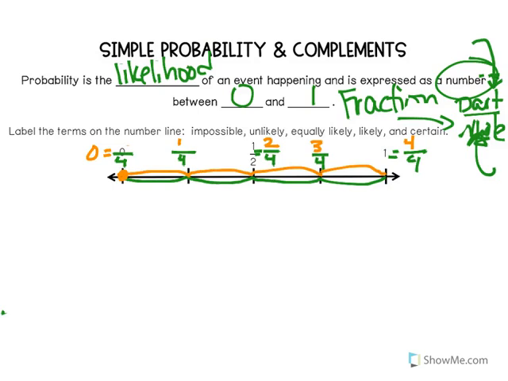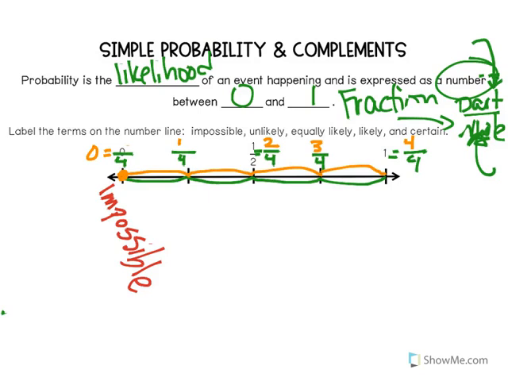Now, if something has 0% chance of happening, that means it is impossible. It's never going to happen. There is no chance. So when the weatherman says 0% chance of rain, the probability of it raining is 0.